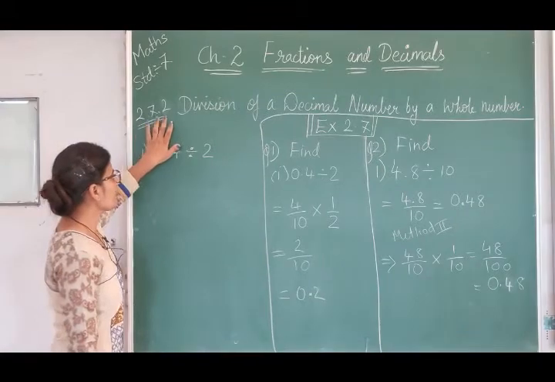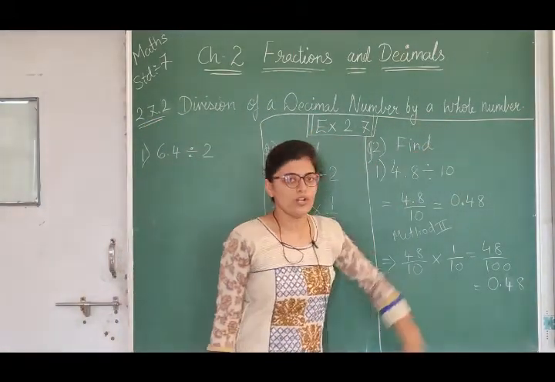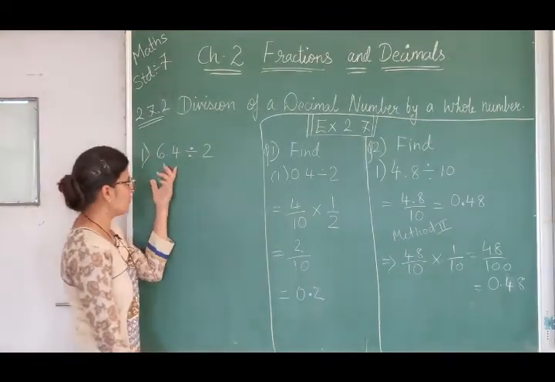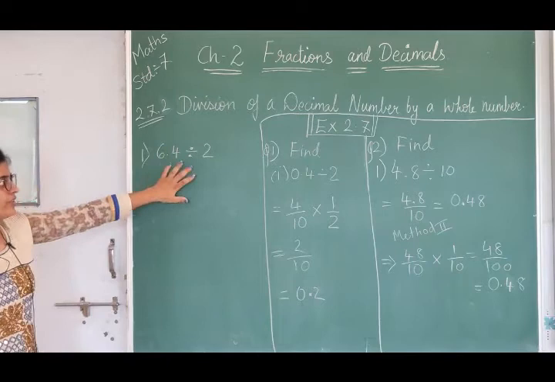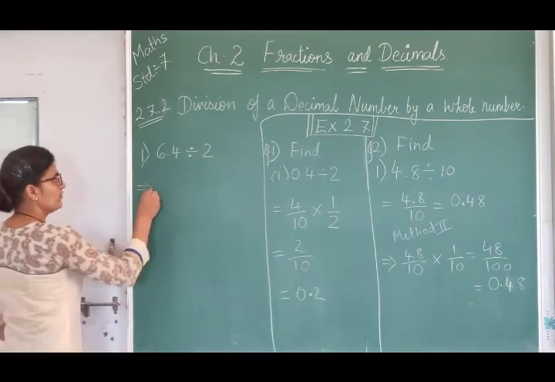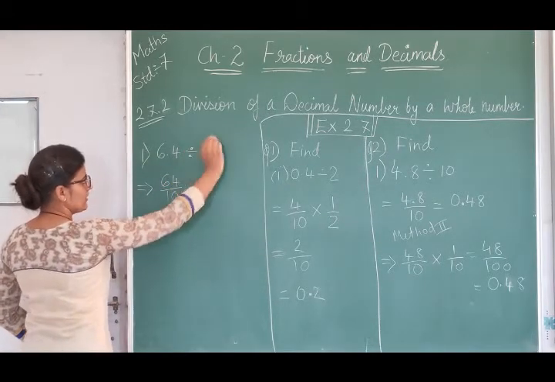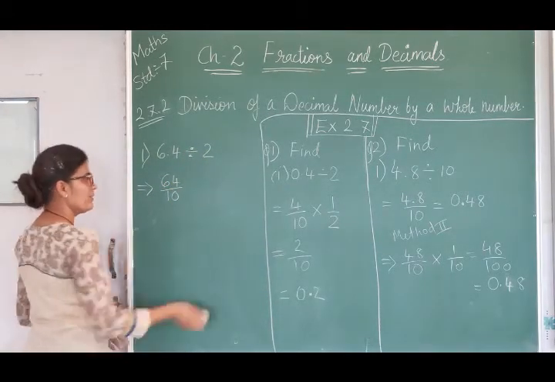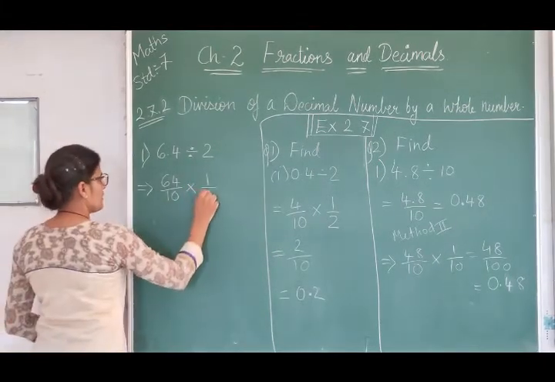Here 2.7.2 is given in your textbook. Division of a decimal number by a whole number. One decimal number is given to you and another whole number is given. Here you can see 6.4 divided by 2. Simply what we have to do, 6.4 can be written as 64 divided by 10. The division sign can be changed into a multiplication sign, and for 2 we have to take the reciprocal, 1 by 2.